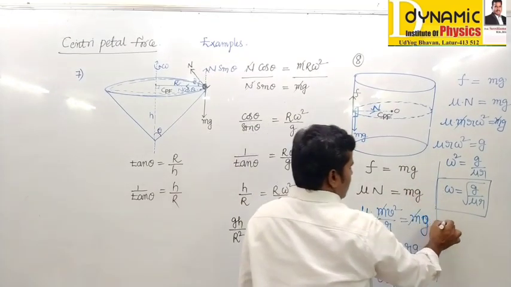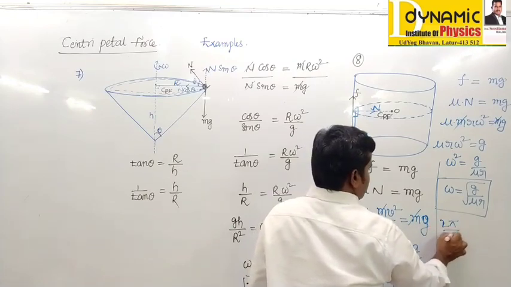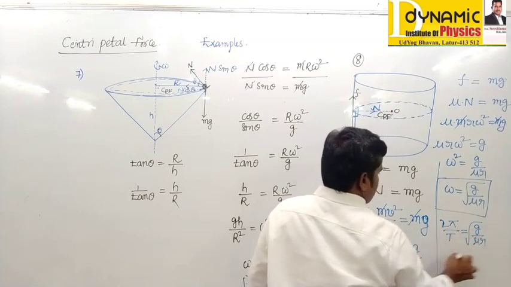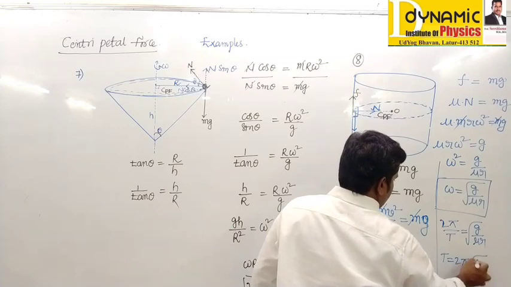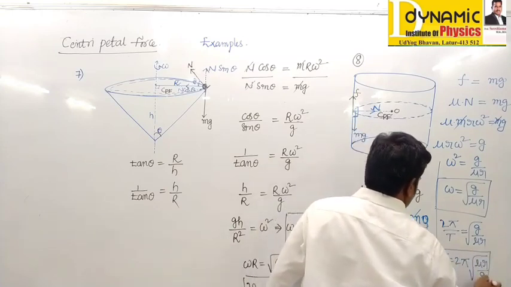Again, suppose we want the time period. Omega equals 2 pi upon capital T, equals under root of g upon mu r. Then T equals 2 pi under root of mu r upon g. This is the time period value we want.